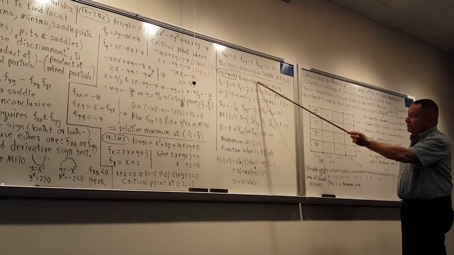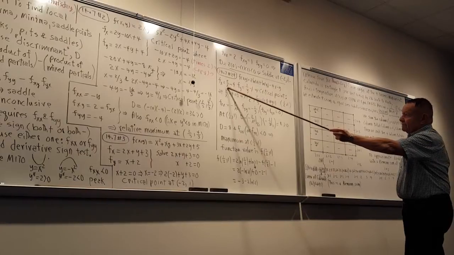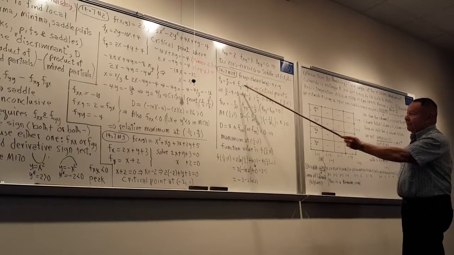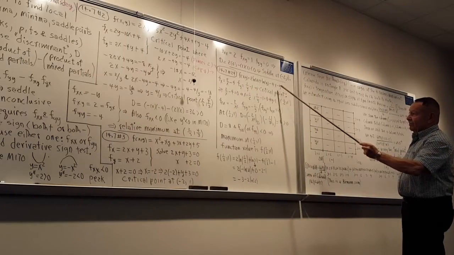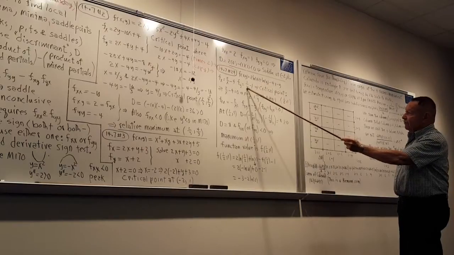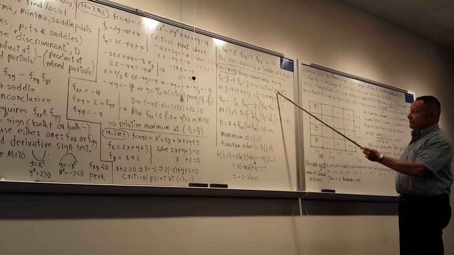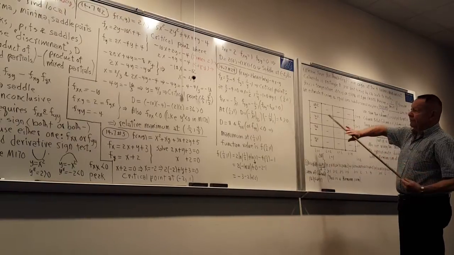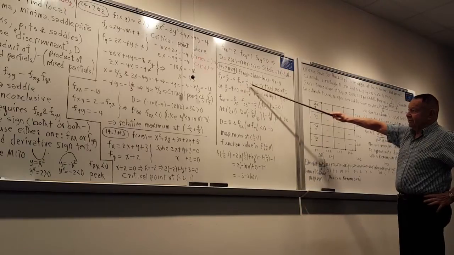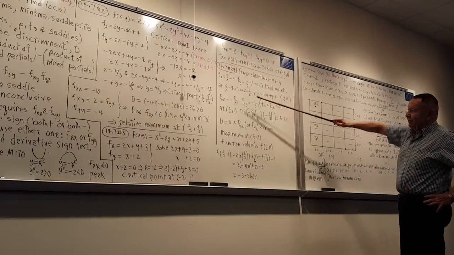You do your partial with x, so you get the 2 times 1 over x, and then 0, and then you get -4 here, and then you get 0. And then you do your partial with y, so you get a 1 over y and a -1. So then your critical point will be where this is 0 and also that one is 0.